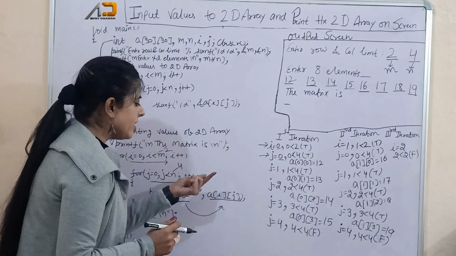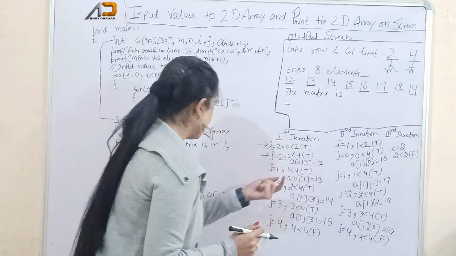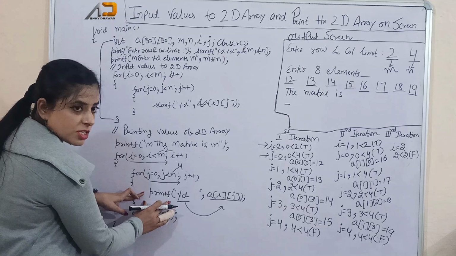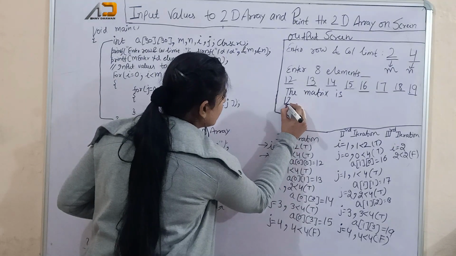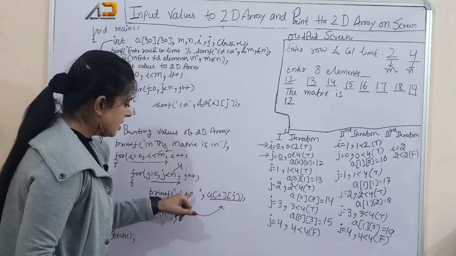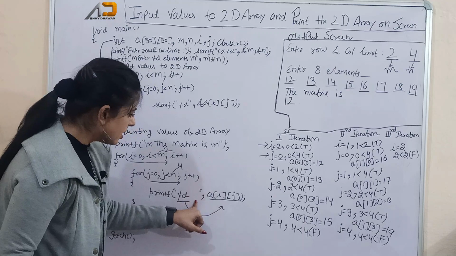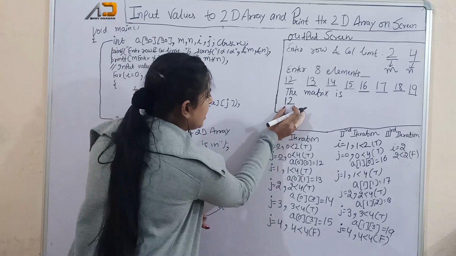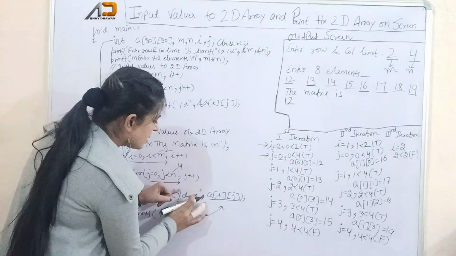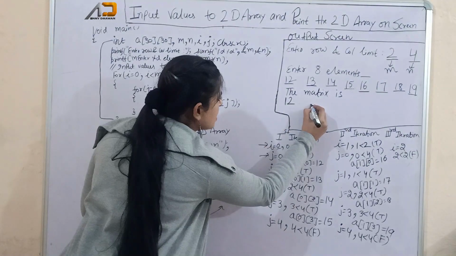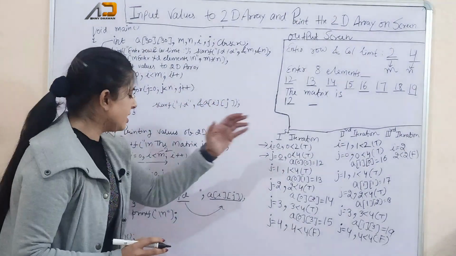And what is the value in a00? That is 12. So printf function prints 12 on the screen. I have typed a space here. So after printing 12 on the screen, printf function prints a space here, and now the cursor blinks here on the screen.